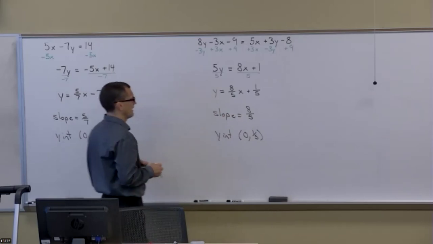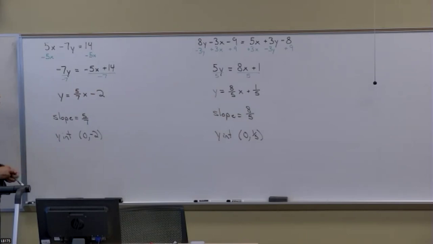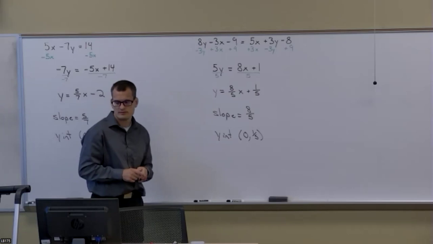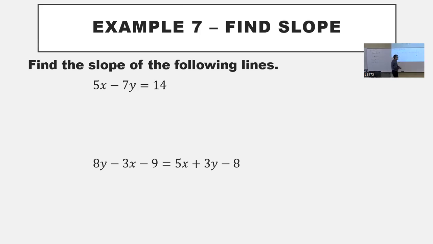So 8/5 or 1.6, that's the same thing. Same thing, we can do 5/7 or the decimal version of that. So that's what it is.